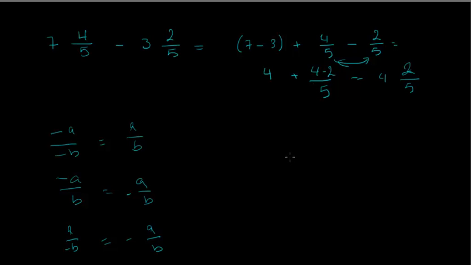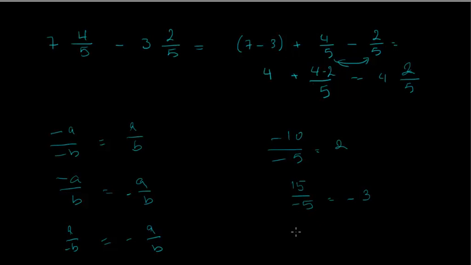Let's work through some numbers. Let's say we have minus 10 over minus 5. The result is 2. But if it's 15 over minus 5, the result is going to be minus 3.